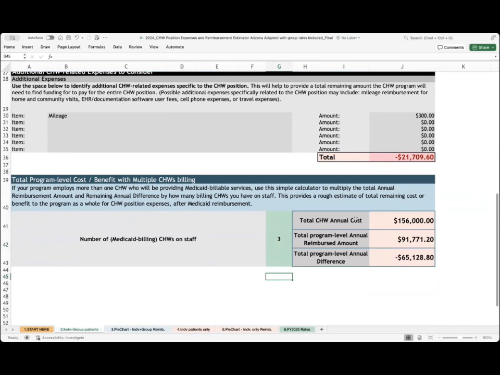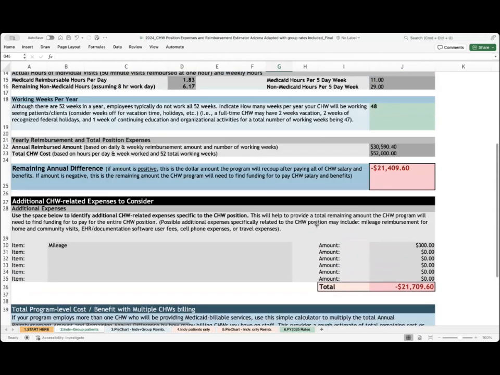We can see that to employ all 3 for a whole year, the program would need $156,000, but total reimbursement from Medicaid for all 3 is $91,771, which leaves an annual program level difference of just over $65,000. So this is nice for giving you that bigger level, if you have multiple CHWs, of what your program would see over the year in terms of cost versus reimbursement.